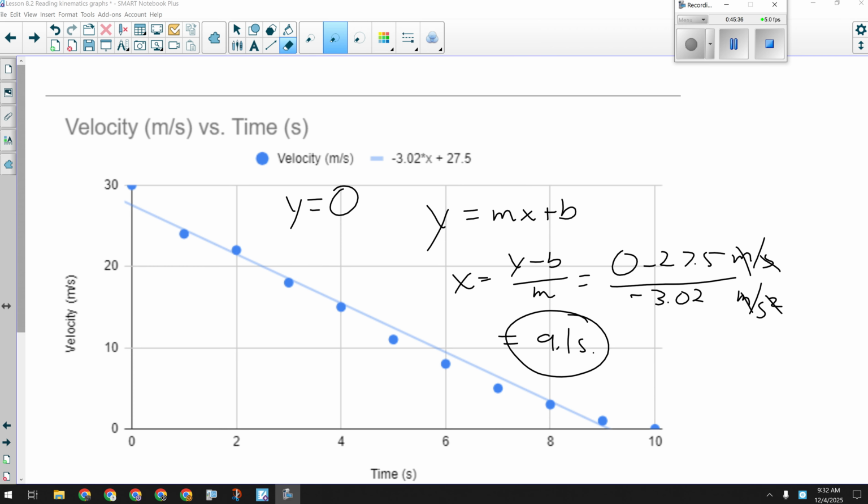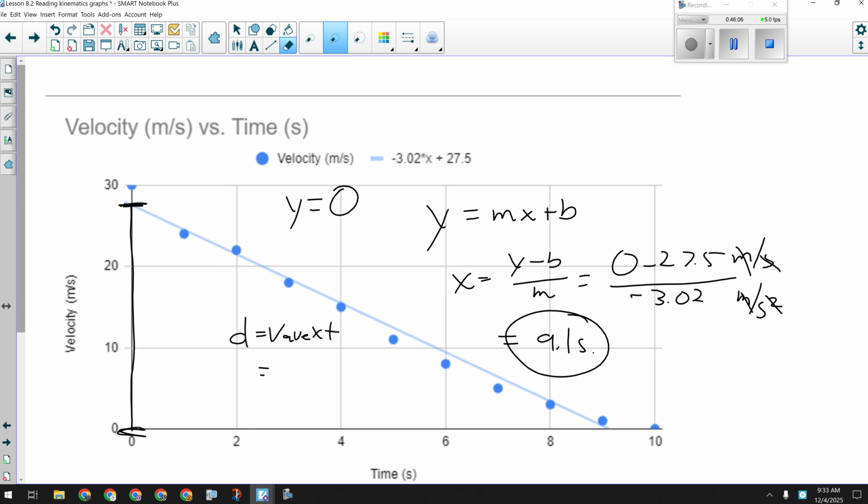Okay, so displacement is average velocity times time. Because this is an object whose speed is changing, the average velocity will be halfway between the initial and final velocities. The height divided by 2. It starts at 27.5, because I get that from here, and it ends at 0, because I can see the line gets to 0.